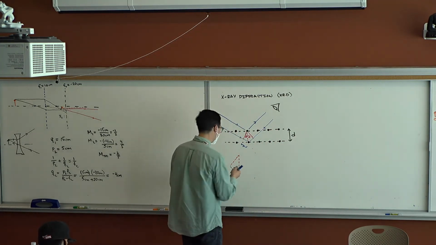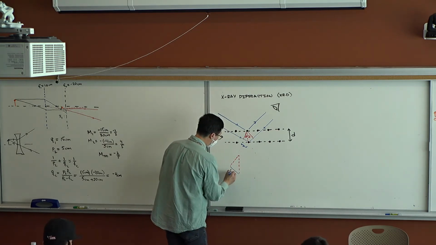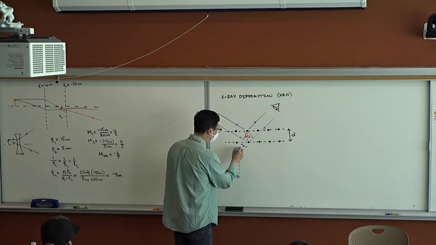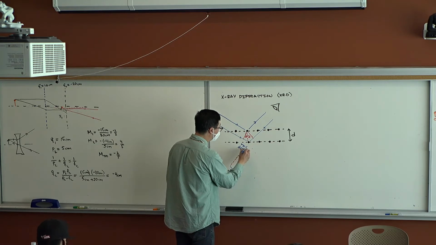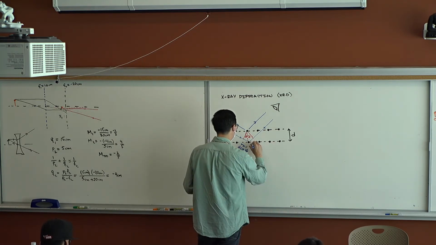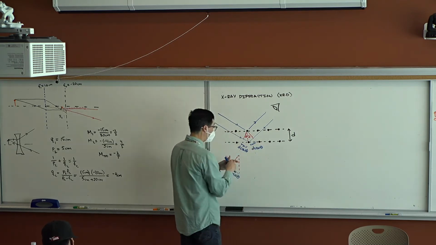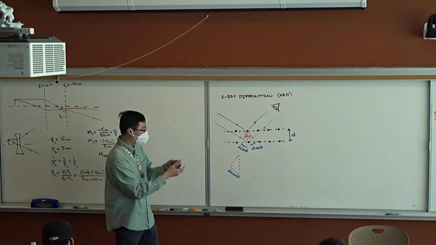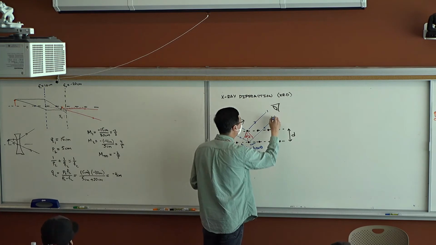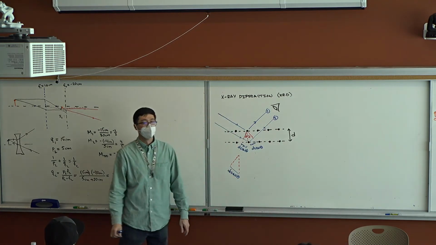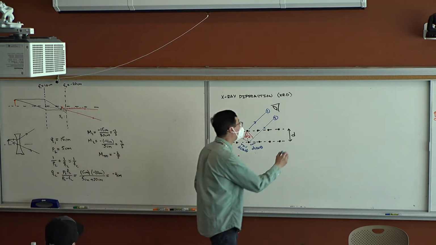Yeah. So this is d sine theta, and this is also d sine theta, yeah? And so what's the extra travel distance for ray 2? 2d sine theta.